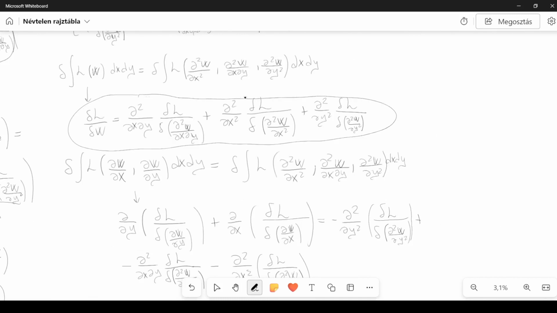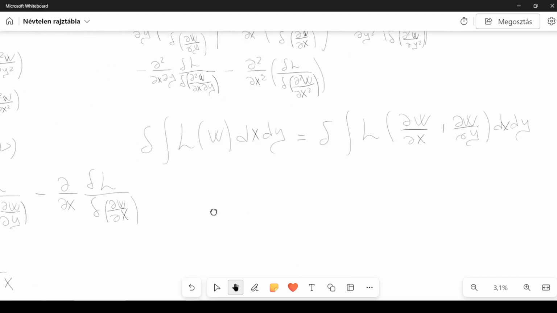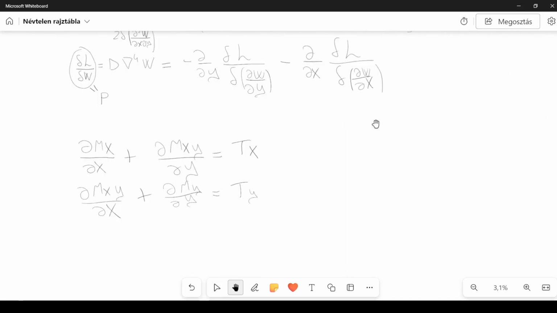This one here is equal to p, which is equal to the mixed second derivative of this, that's equal to twice the second derivative of xy with a minus, and then here we have mxy. Then we have minus the second derivative with respect to x of mx, minus the second derivative with respect to y of my. We also found another expression.